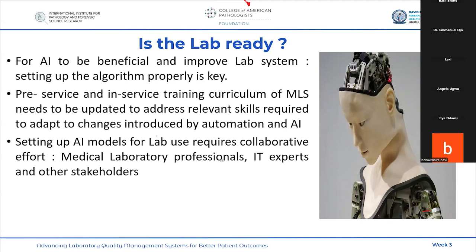For you to confirm a diagnosis of HIV in Nigeria today, you first run the first line test, Determine. If Determine is reactive, you proceed to Uni-Gold or a second line test, and if it is also reactive, then you can say that this client is positive. So this kind of system has to be properly set up. Remember, the computer will only react to what you have programmed in it. So setting up the algorithm properly is key.